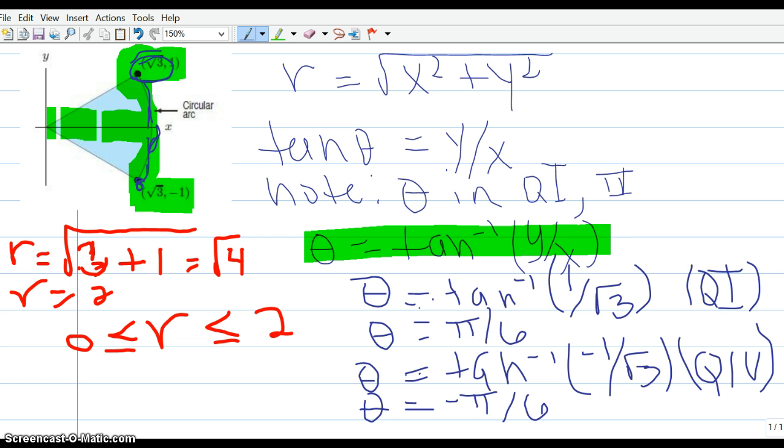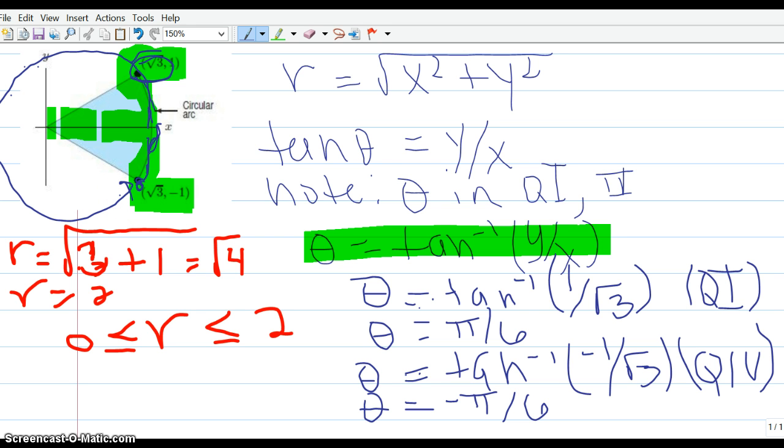Be careful of choosing theta wisely because there are multiple possibilities for choosing theta. If you don't write it as the inverse tangent, you might say, oh, well, I could also get to that point if I think of theta as negative pi over 6, that's 11 pi over 6. 11 pi over 6, however, involves a rotation like this.